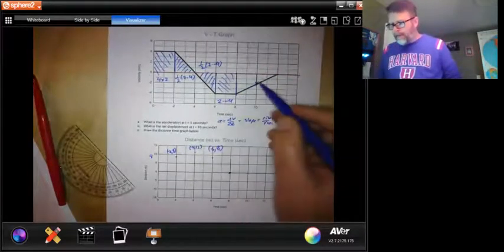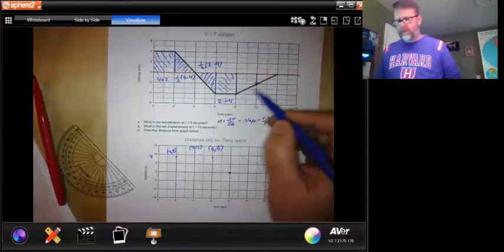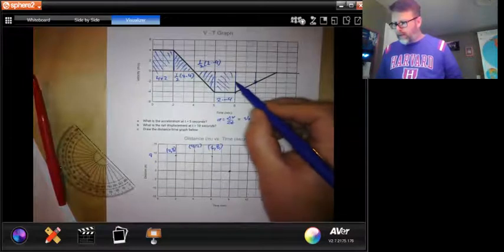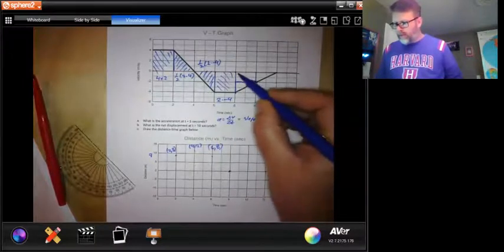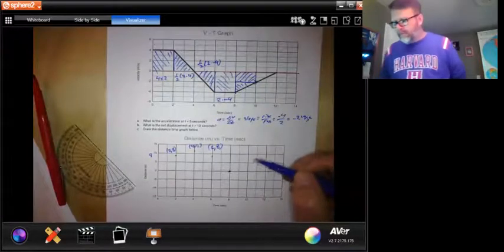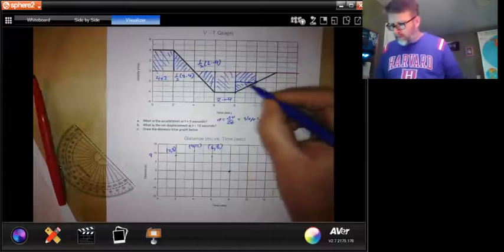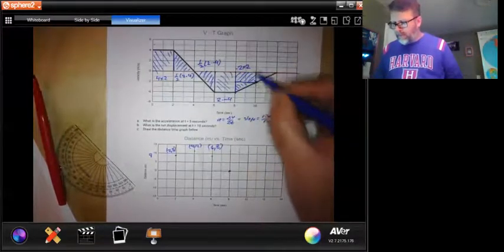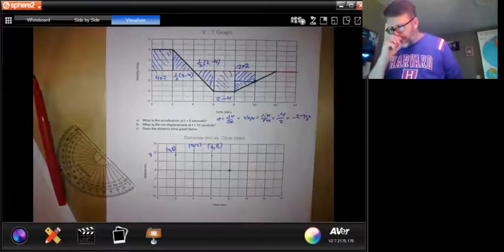Now here we have a little bit more of an unusual shape. We can break it into 2 different sections if we want. So this one is going to be 2 times 2, negative, because it's below the red line.